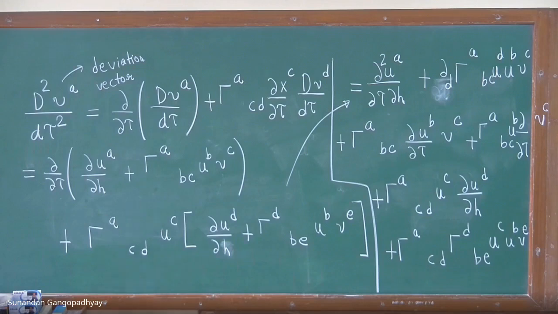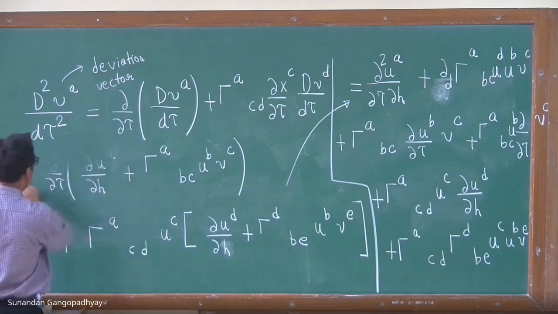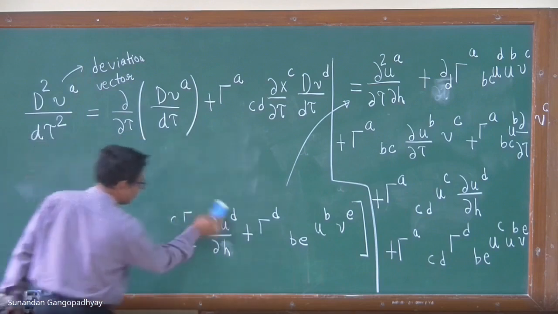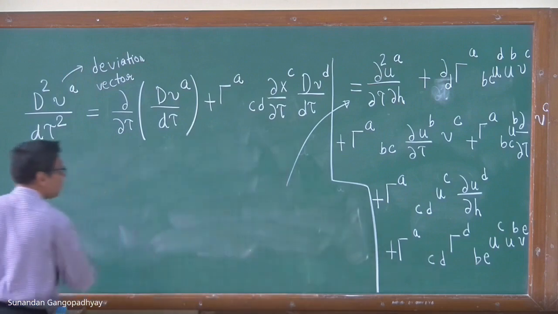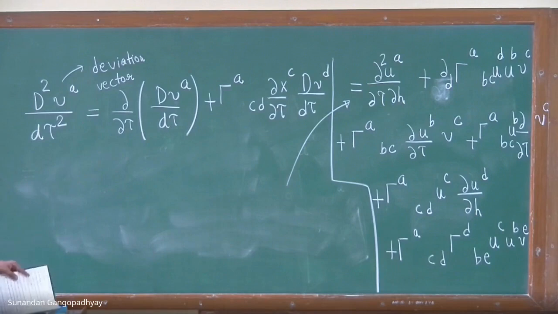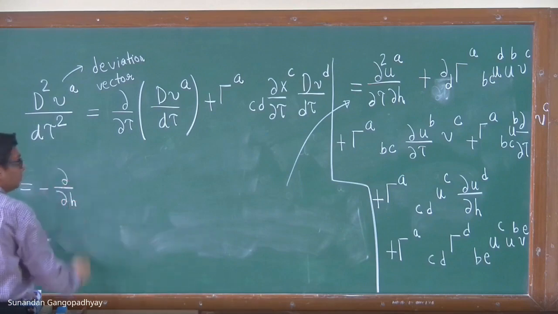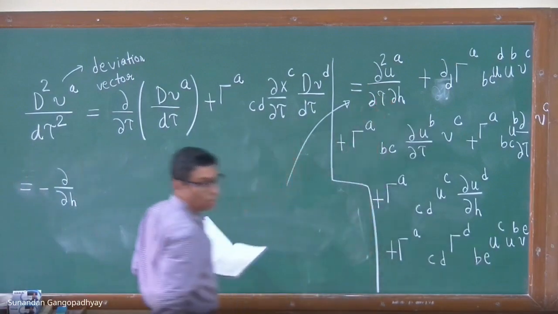Now we shall use a third thing. Now we shall use the geodesic equation. Let us use the geodesic equation for the first term, that is, for del UA del tau.